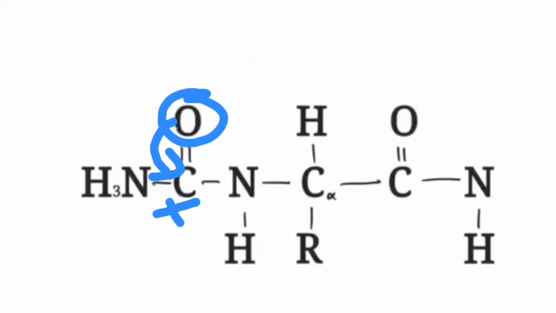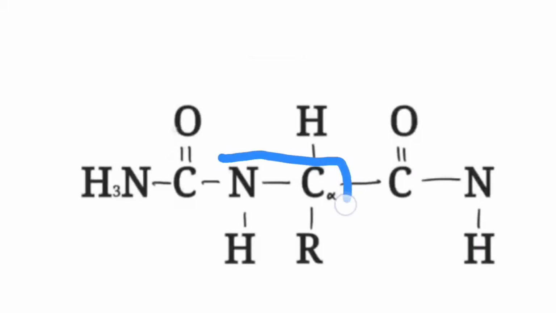The nitrogen has a lone pair of electrons, and these will form a partial double bond. Whenever a double bond is formed, rotation is restricted.